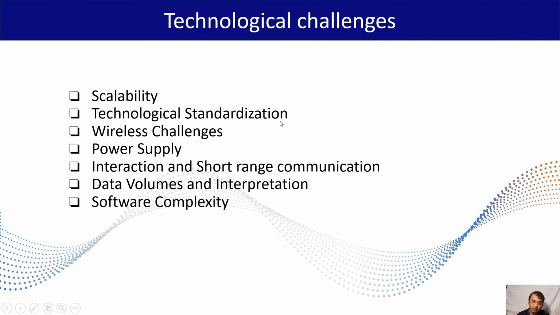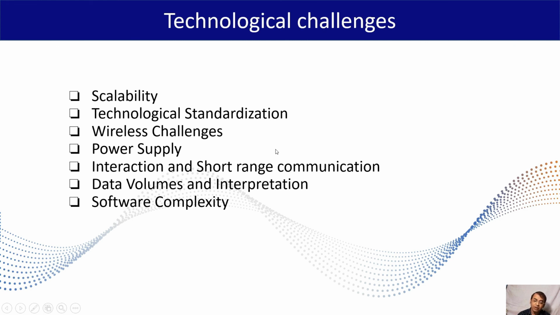Next, technological standardization, because there is still no standardization available for AI-enabled architecture, so it is difficult to implement and experiment in that area. Wireless challenges are another issue, because we are using third-party gateways to implement wireless communication in the IoT network, and sometimes it is difficult.